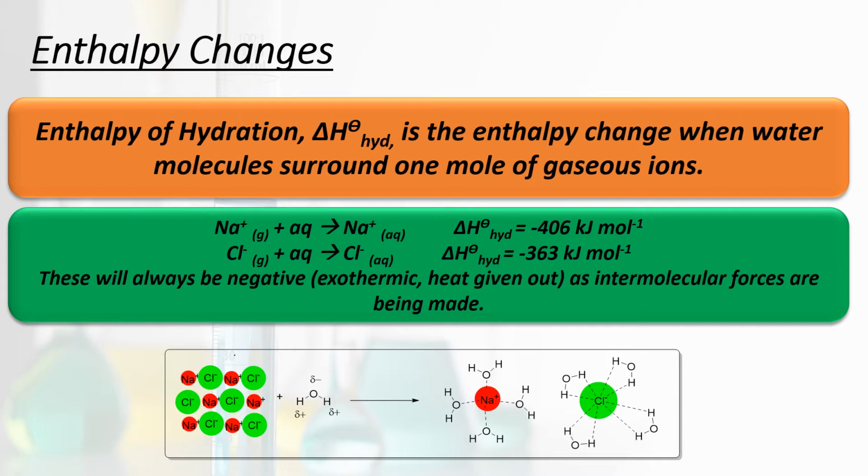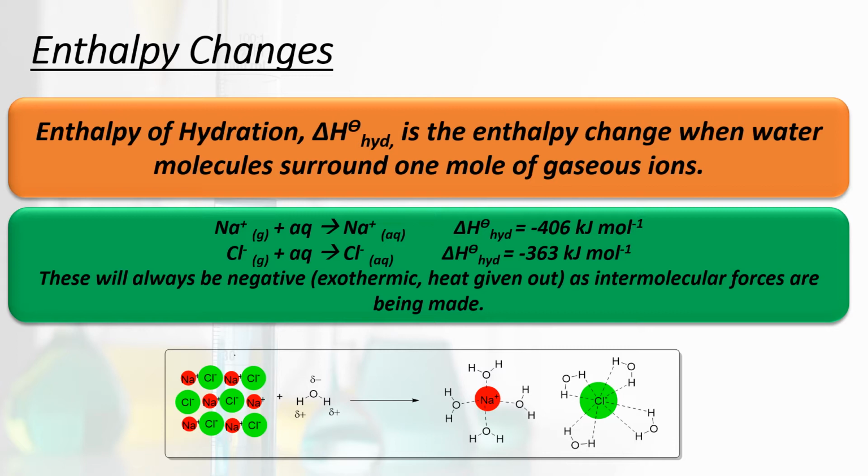And so some examples of writing the actual equations: again, gaseous ions, so we have to start with either the Na+ or the Cl- gaseous ions. And typically we can just write this as plus aq to denote that we are in aqueous solution in water. And then that ends up forming Na+ in the aqueous state now.